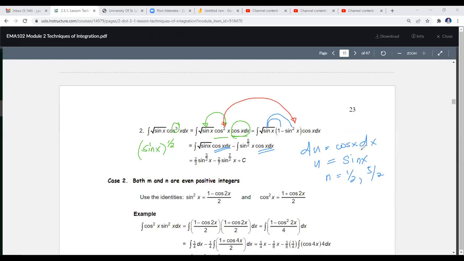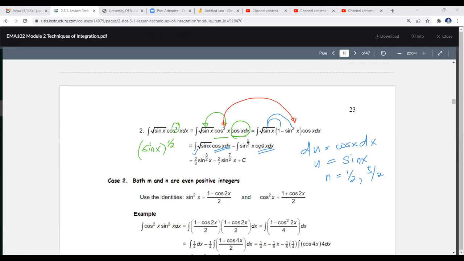So just like sample number 1, the cosine of x dx will not undergo power rule. It's the derivative of the u. So what will undergo power rule is your sine function. If this will undergo power rule, 1/2 plus 1 is 1.5 or 3/2. So this is sine of x to the 3/2 over 3/2, so it could be written as 2/3 already in here. Now, if you do power rule for the sine of x raised to 5/2, that would be plus 1.